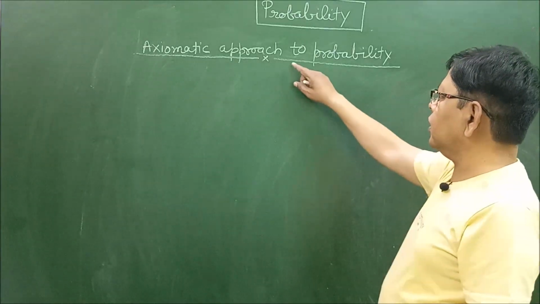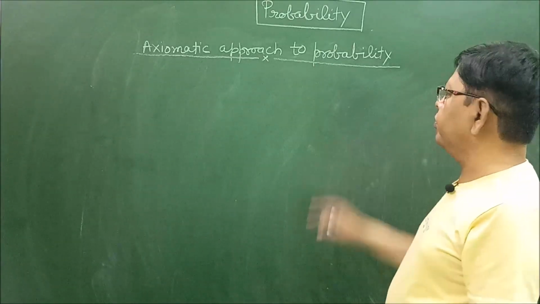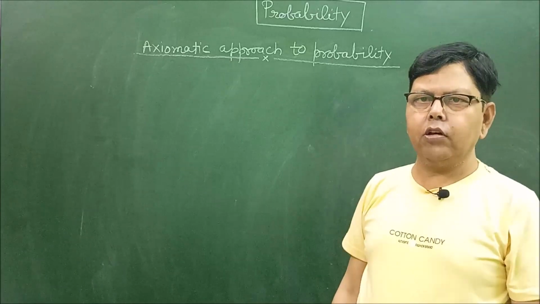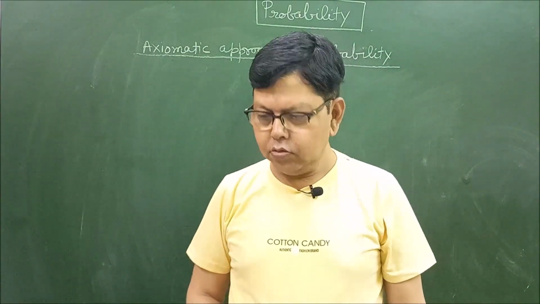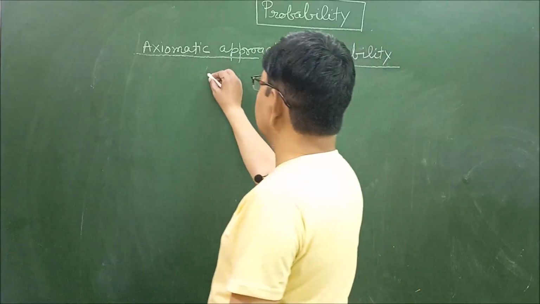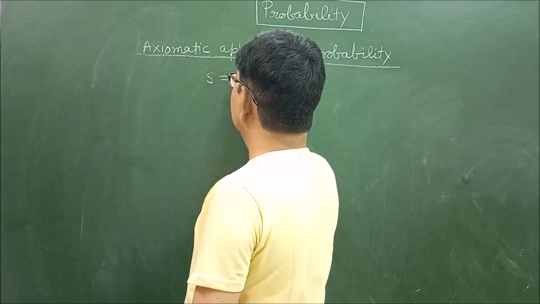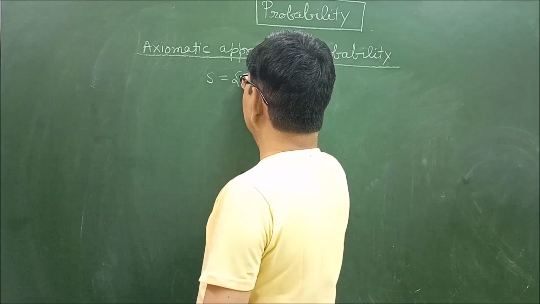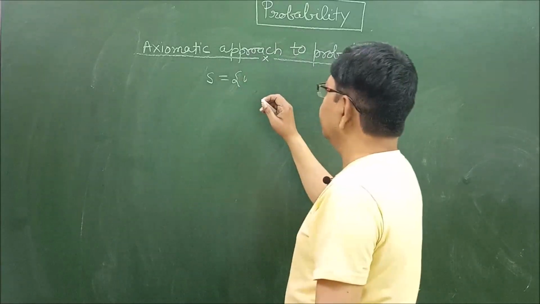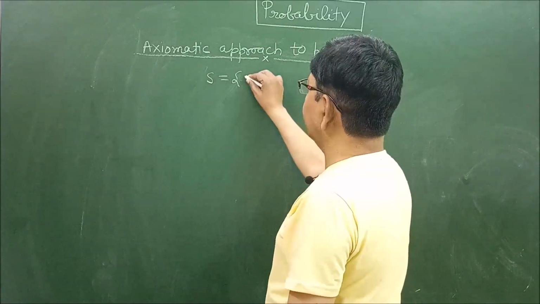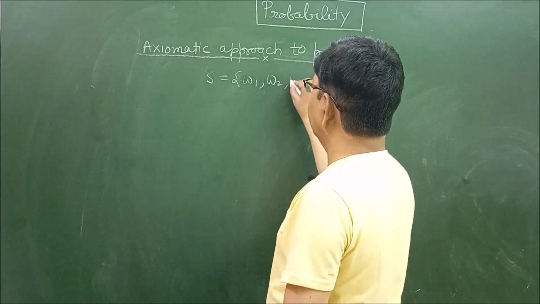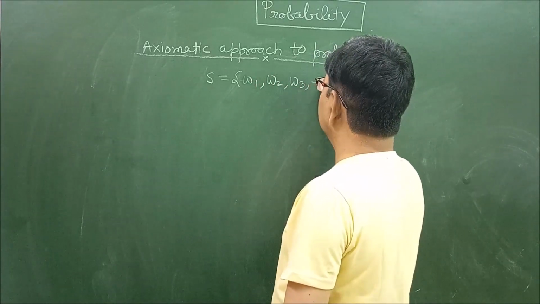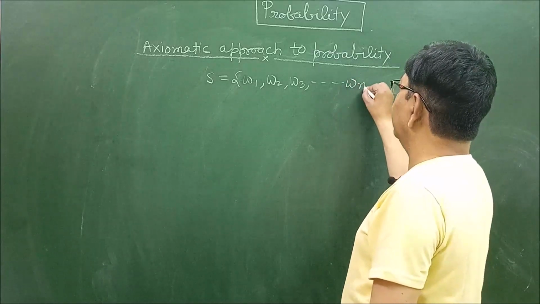Now the axiomatic approach to probability means the probability of an event is based on certain axioms. Let us consider the sample space S of a random experiment, which consists of the elements omega 1, omega 2, omega 3 up to omega n.